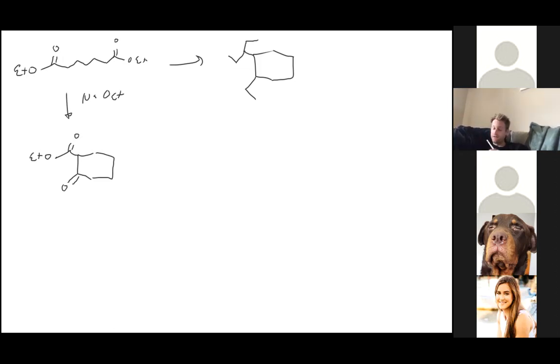From here, we've got ethyl groups coming off of everywhere we had a carbonyl. So if we throw in excess Grignard, we'll be able to trialkylate.